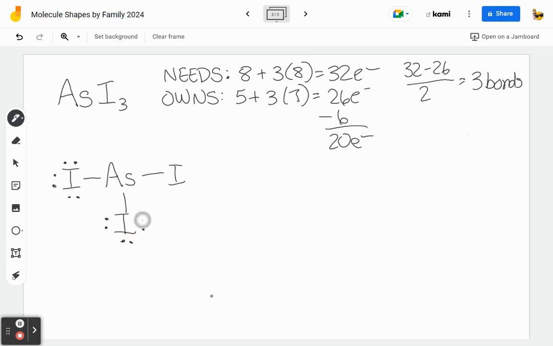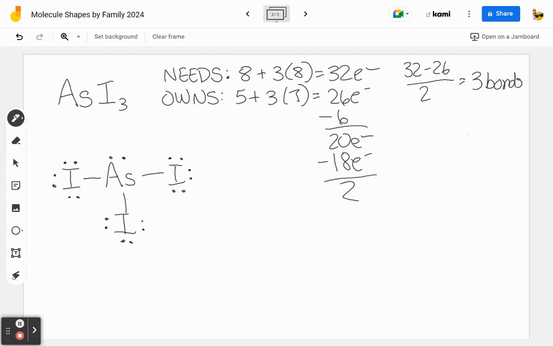You have to keep track of the electrons to make sure you're representing exactly the right amount of electrons. So this was 18 more. I still have 2 left over. All the iodines are happy, but look, arsenic only has 2, 4, 6, and he wants 8. So that lone pair is going to go here.